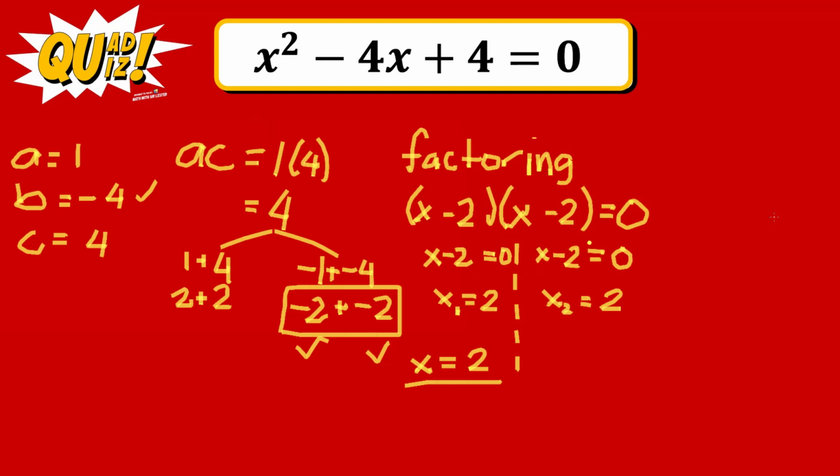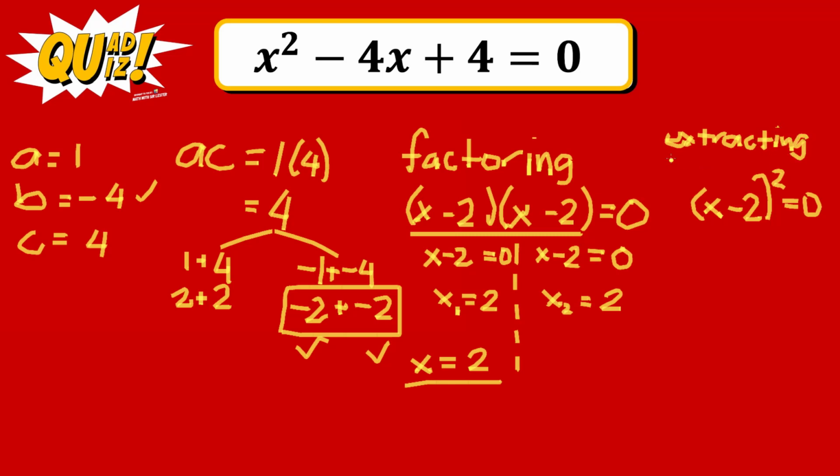The other method is by considering the concept of same binomial expressions multiplied. So you could have this expression here, the square of x minus 2 equal to 0. And you can use here the method of extracting square roots. If you can still remember, extracting square roots was used in the situation where there is no b coefficient. Okay? But we could also use it here. So we will take the root here, take the root here.